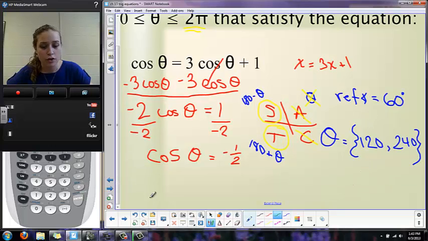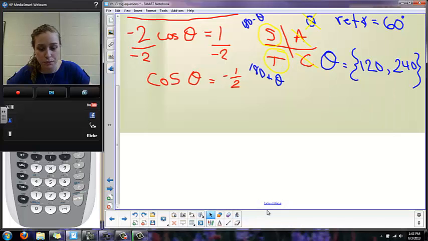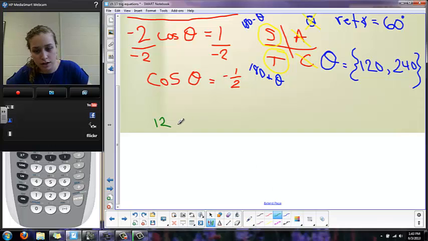So remember that in order to change from degrees to radians, we multiply by pi over 180. So let's see, we have 120 times pi over 180. Remember, you're not going to put the pi symbol into your calculator.